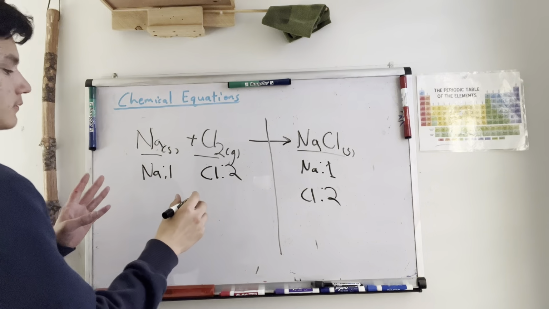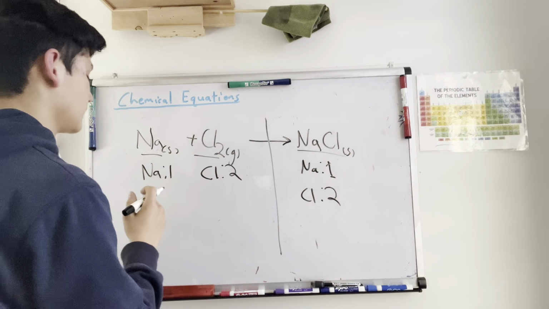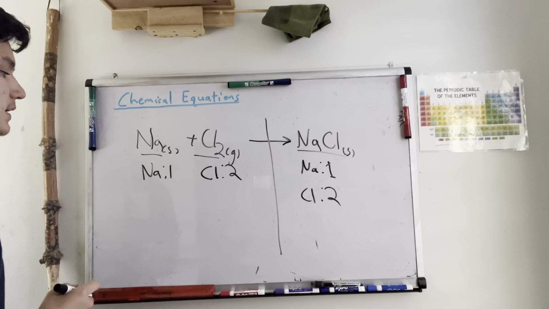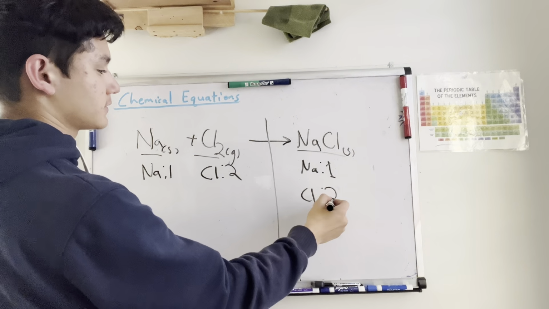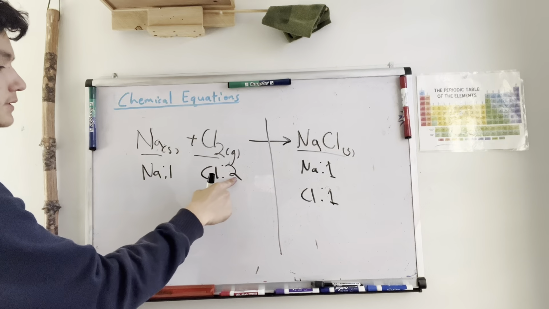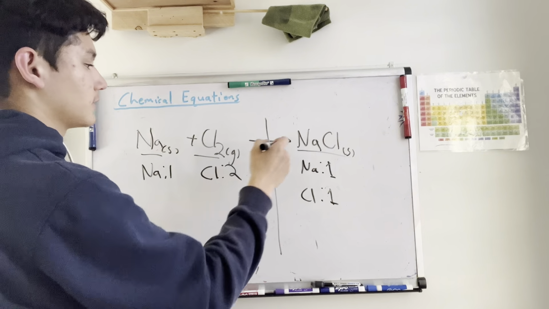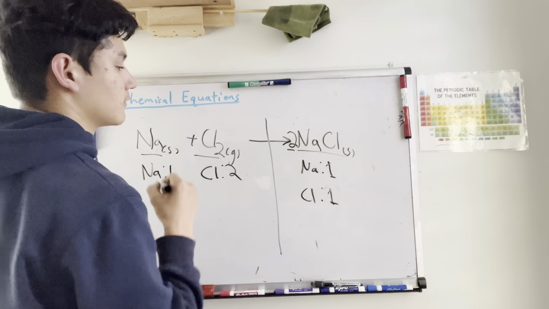Now, this sodium itself, if you put on our blinders here, does not violate the law of conservation of mass. However, chlorine, there's 2 chlorines here and 1 chlorine there. So obviously on this side we have to multiply by 2, so we put the coefficient there.